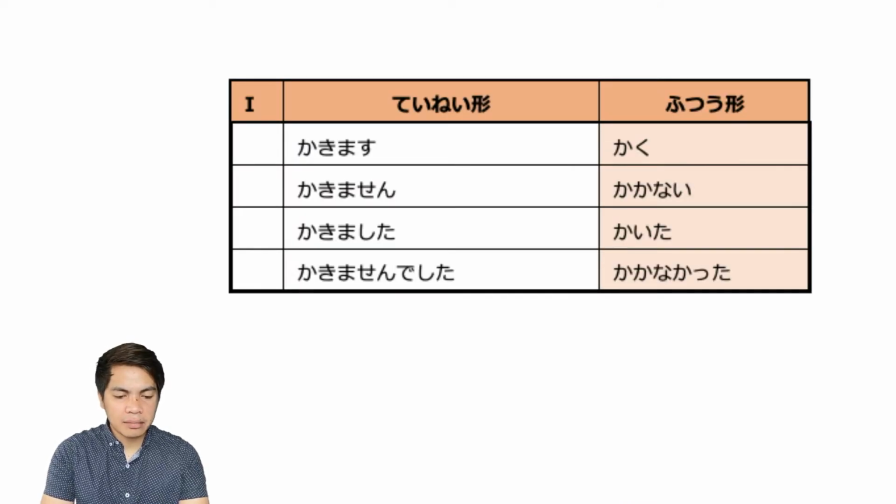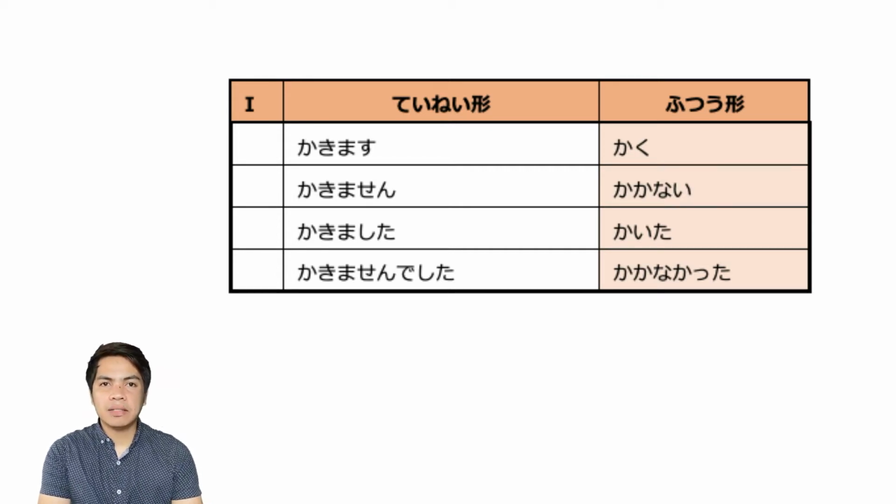We have an example, kakimasu, kakimasen, kakimashita, and kakimasen deshita. The verbs end in masu for positive, masen for negative, mashita for past tense, and masen deshita for negative past. Now their plain style, from kakimasu, it will become kaku.